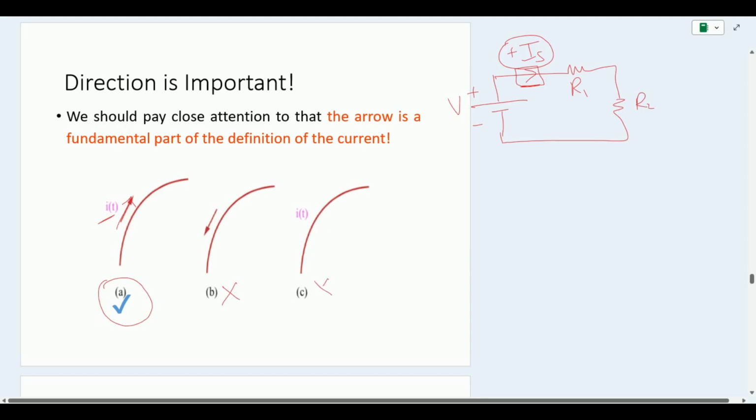Similarly, in C, we only represent the magnitude and we are not sure where the current is flowing. So whenever we are dealing with current, we have to make sure that figure A is respected, in the sense that the current should have a value. For example, it can have 5 amperes in this direction, or negative 5 amperes in the opposite direction. But we always have to keep in mind that the magnitude and the direction have to be represented.